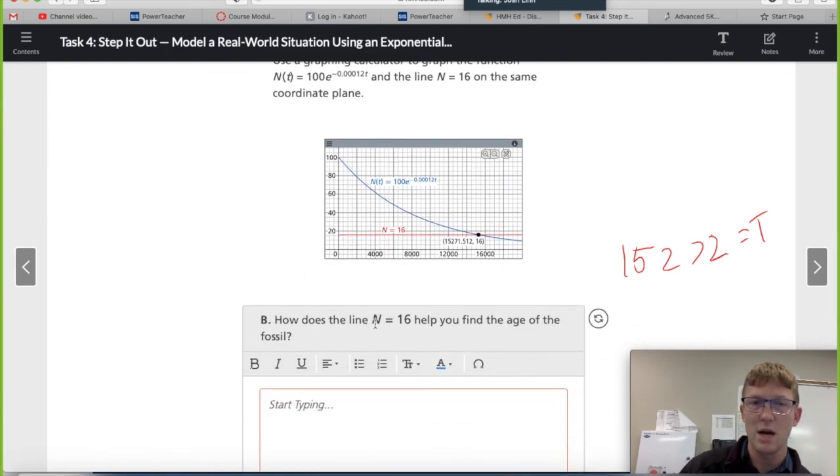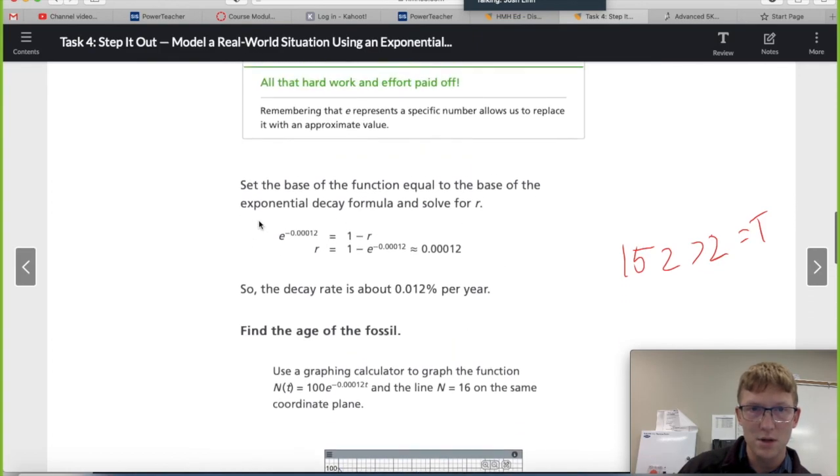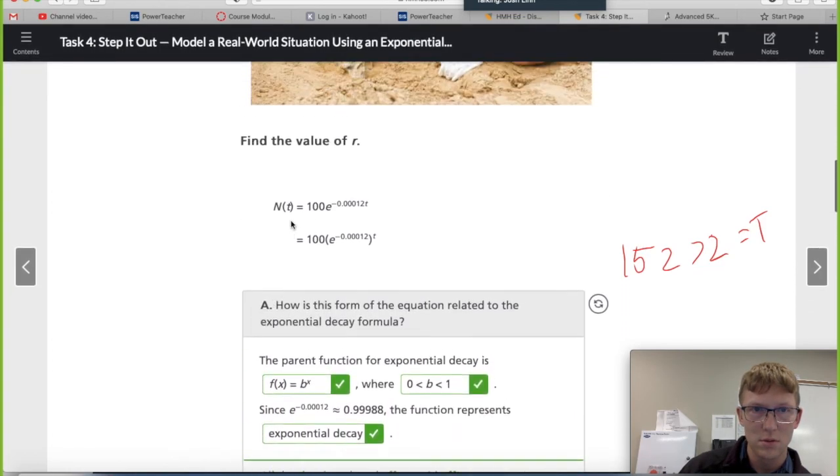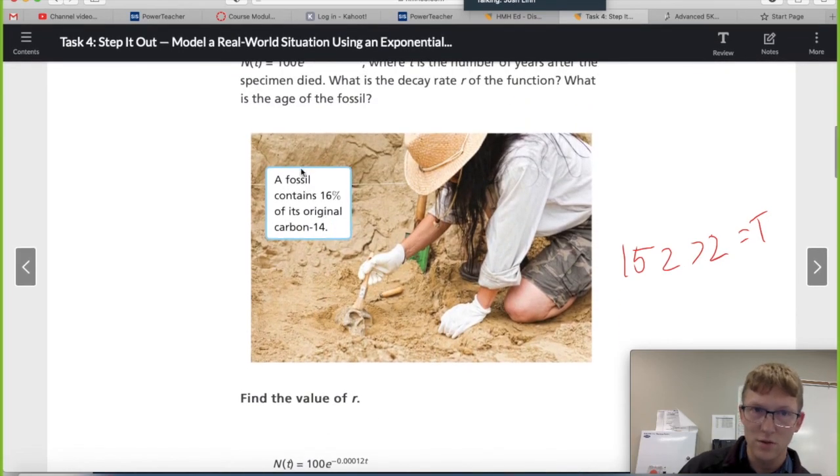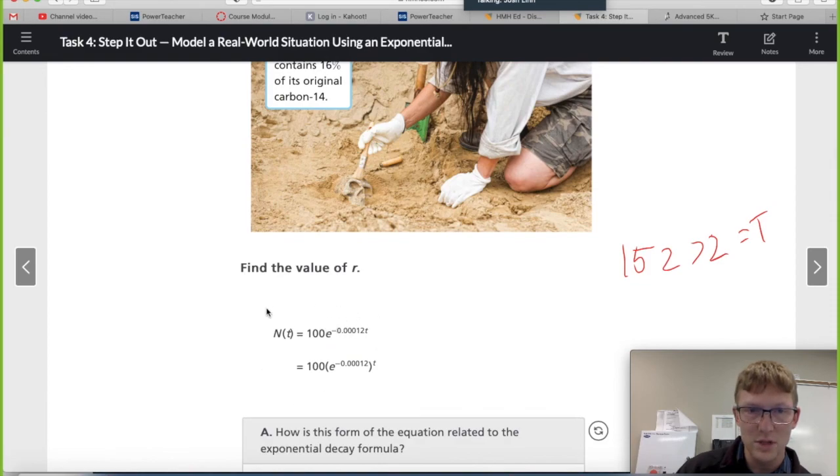So how does the line n equals 16 help you find the age of the fossil? We had talked about, where did that 16 come from? Oh yeah, there was 16% left over. And so when does this function equal 16? That's where we got that from.